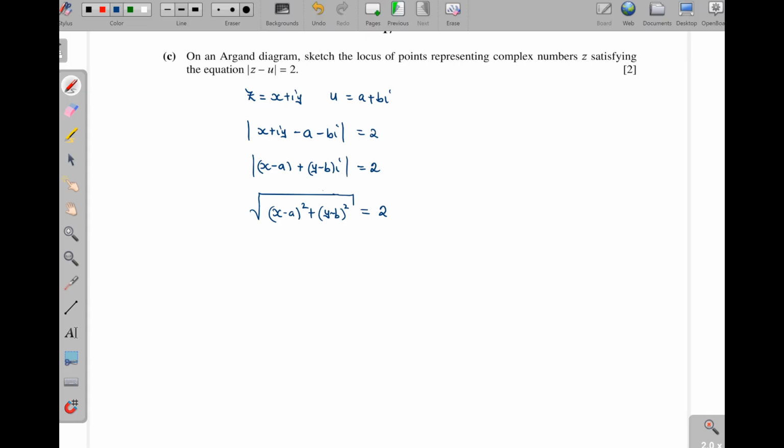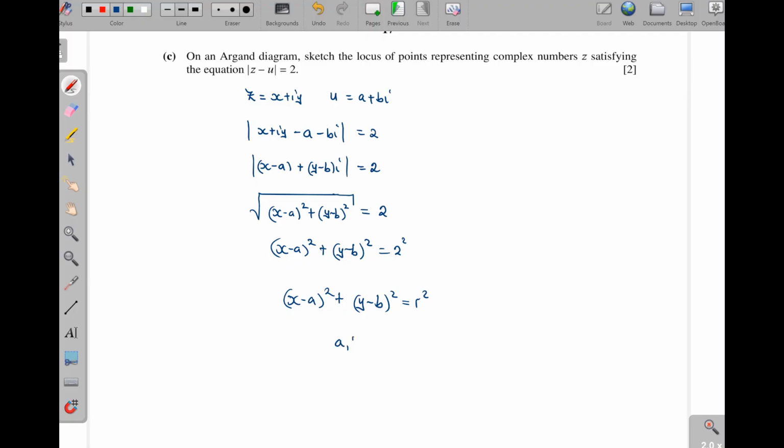Now square both sides to eliminate the square root. Then you will have x minus a squared plus y minus b squared, which is equal to 2 squared. But then you know that the general equation of a circle, not a straight line, is x minus a squared plus y minus b squared equal to r squared.